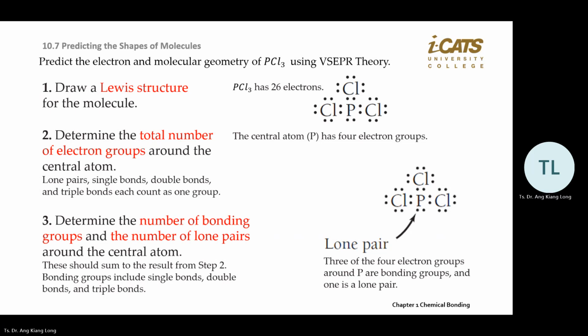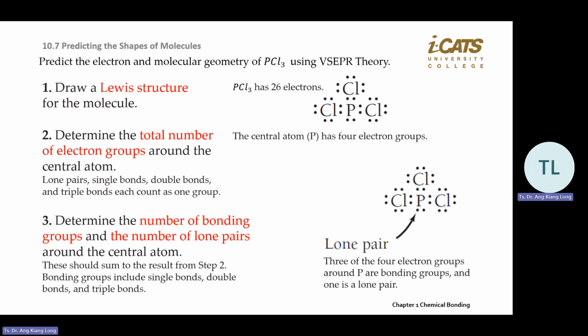By looking at the structure on the screen, you know how many bonding groups you have. Is it forming a double bond or single bond? Single bond. How many single bonds? 3 bonding groups. How many lone pairs? Look at the center only, the center of the molecule.